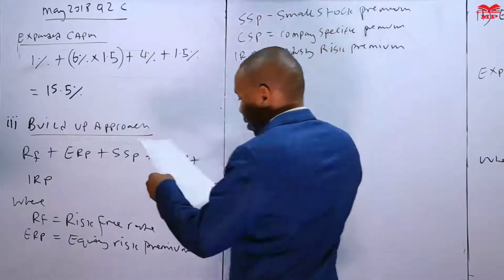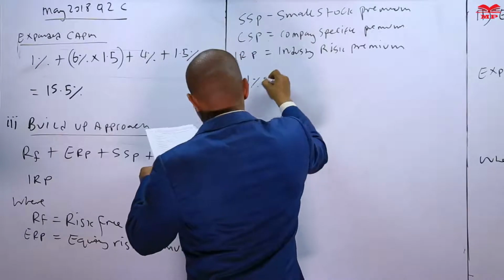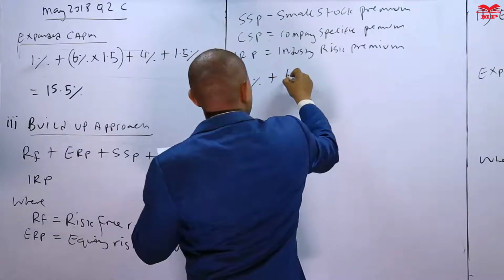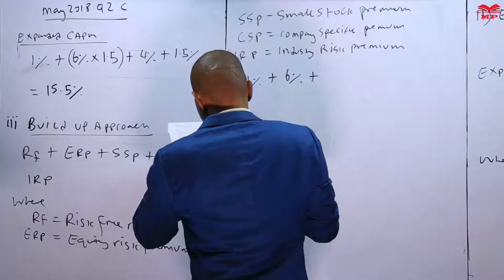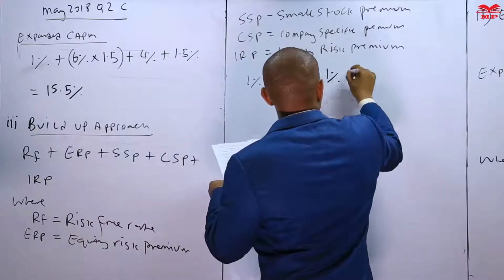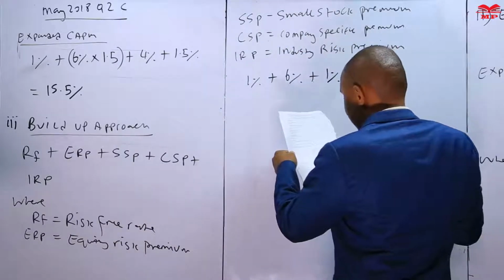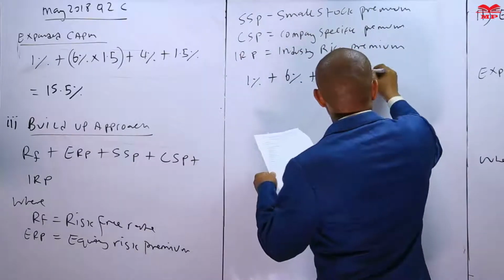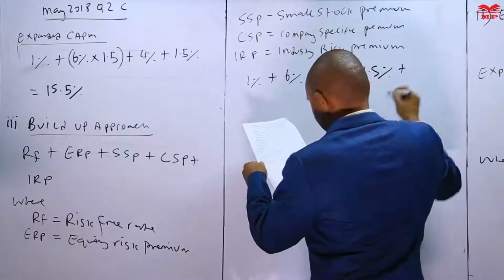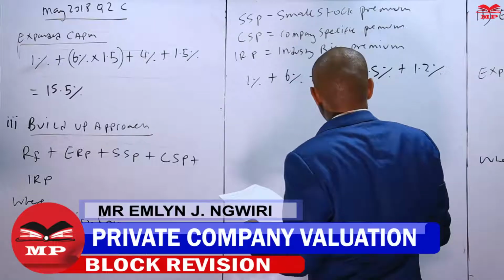So we start off with RF. So we have 1% plus 6% plus we have small stock premium of 1%, plus we have 1.5% of company specific risk premium, plus we have 1.2%.